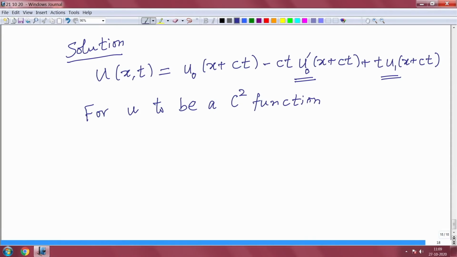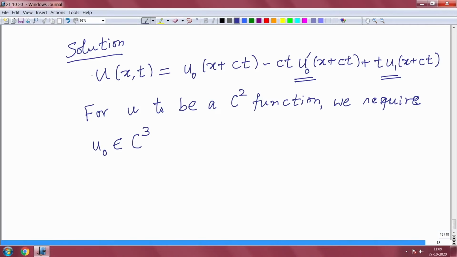We require u0 to be a C3 function, because there is already one derivative in the formula of the solution.